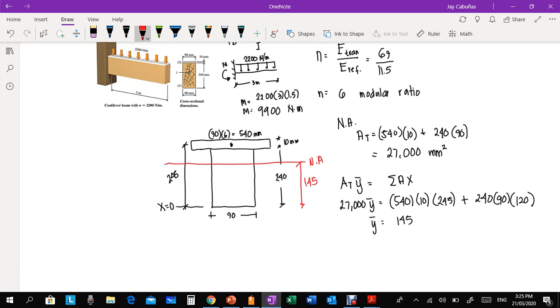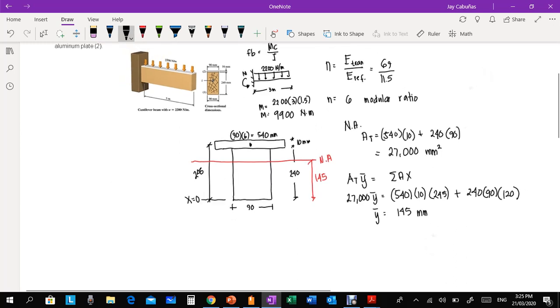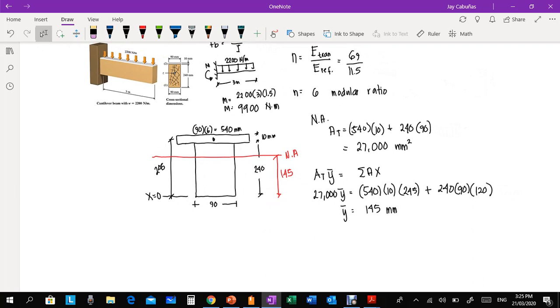Always 0. Next, we compute for the I. Okay, so transform moment of inertia. So we have IG. First is 540 times 10 cubed over 12, tama?